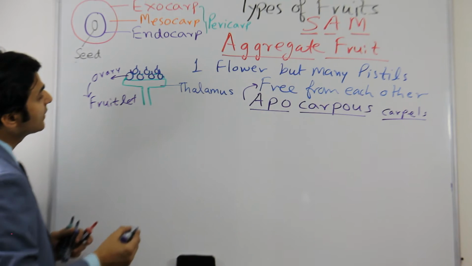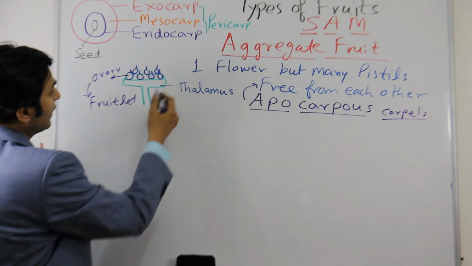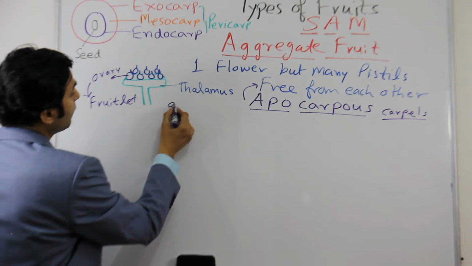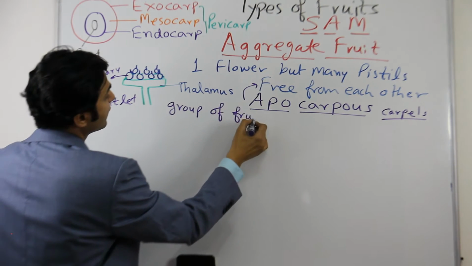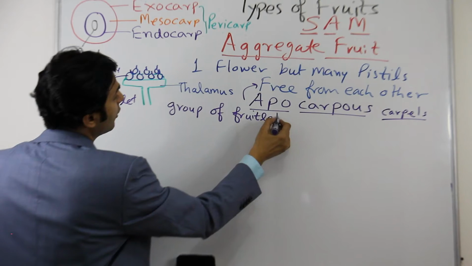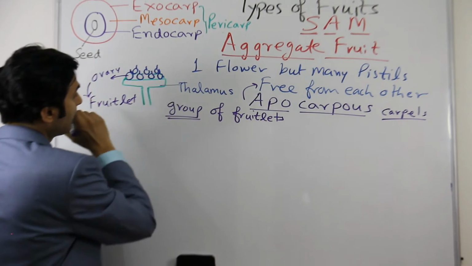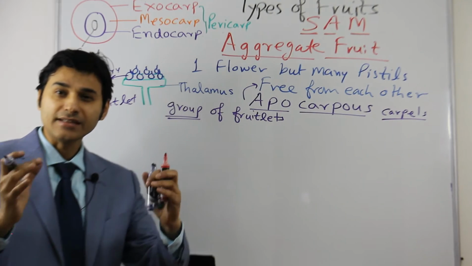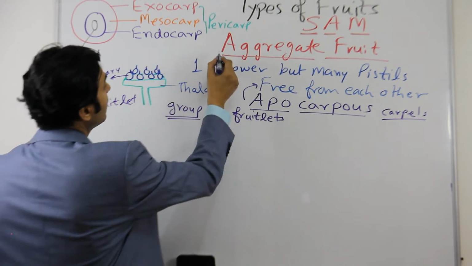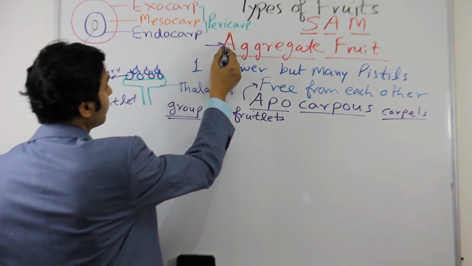These fruitlets are called a group of fruitlets, smaller units, because when they develop they are an aggregation. That's why the word is aggregate. They are in a group.